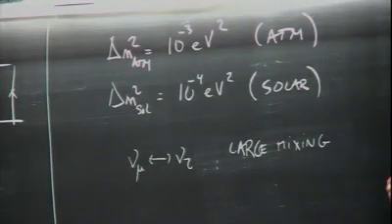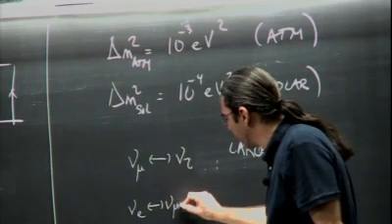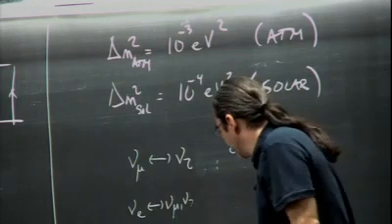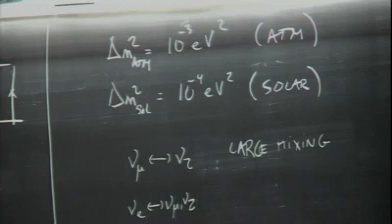We explain the oscillations of, say, these KamLAND neutrinos as nu e oscillating into either nu mu or nu tau. We don't know which, because this is a low energy experiment. The energies are about 5 MeV. And if you're a 5 MeV neutrino and you hit something, you have no hope of ever producing a muon or a tau because you don't have enough energy.